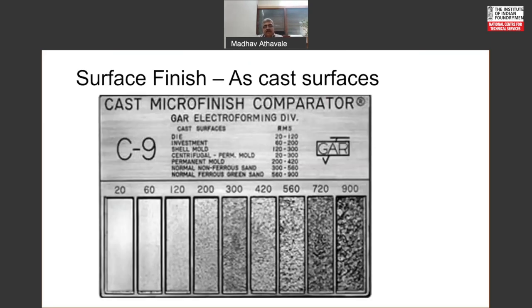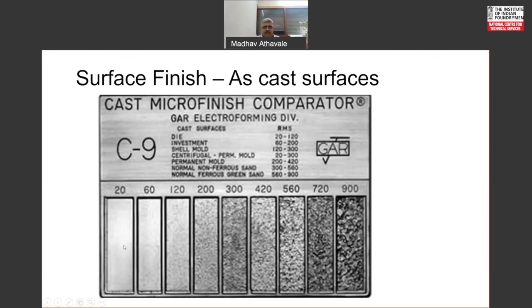And that means apart from profilometers, one simple good visual gauge is what I have shown, which is the cast microfinish comparator, which many of you would have seen. And as you can see, it gives you the RMS values. If you look a little closely, you will see for different types of cast surfaces, whether it is die casting, investment casting, shell molds, normal non-ferrous sand, normal ferrous sand, how the roughness goes on increasing.